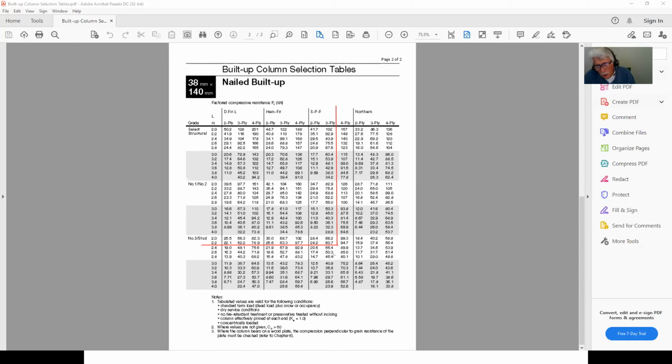If, for example, you have a length of 2.44, can you just go with the 2.6, or do you want us to interpolate? If you want to be conservative, you should use 2.6.